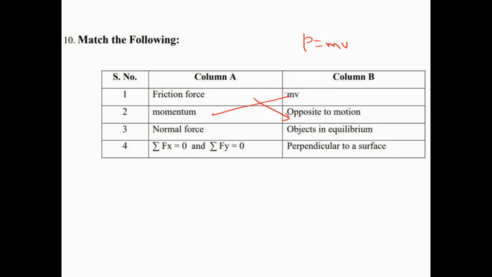So the answer for the second question is this. And the normal force, if you have an object on a horizontal surface, the normal force is always perpendicular to the surface, and the net force is equal to 0 in the x-axis and 0 in the y-axis, which exactly says the object is in equilibrium. So this is the answer for these 4 questions.